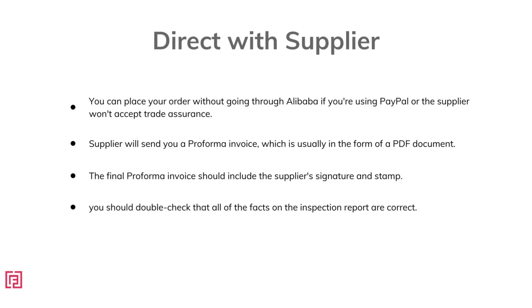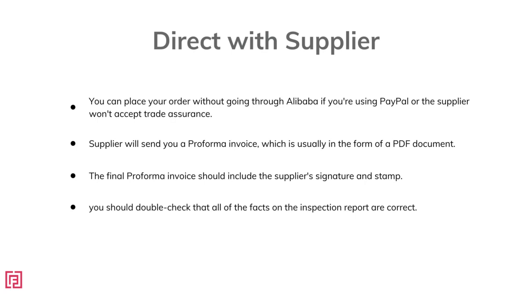The final pro forma invoice should include the supplier's signature and stamp. This invoice will include your full name, address, and contact information, as well as the names of your suppliers, their addresses, and contact information, the names, quantities, and prices of the products, shipping terms, payment terms, PayPal email address or bank account information, the date of order, and the supplier's signature and stamp.